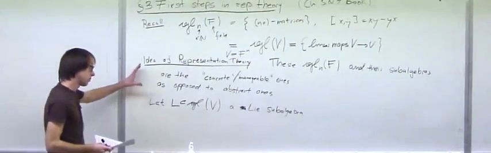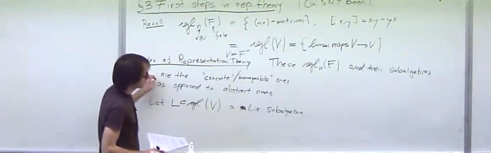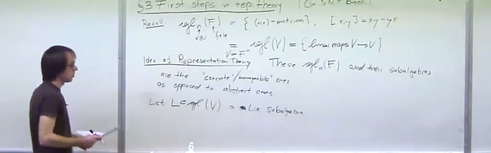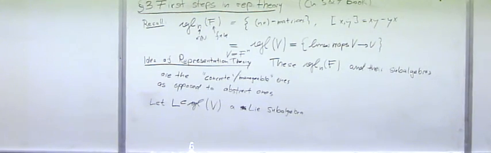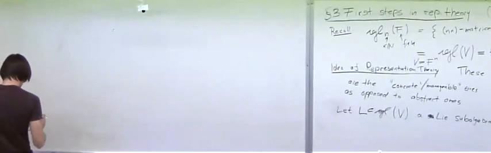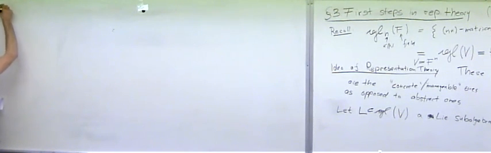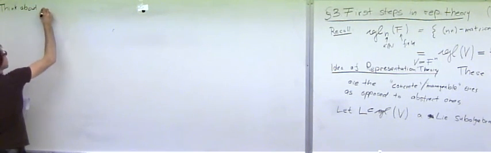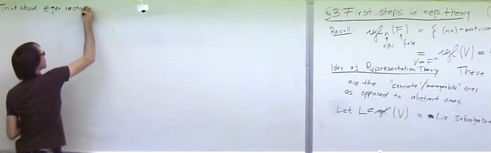One advantage of talking about these concrete matrix Lie algebras is that we have matrices, we have vectors in the vector space, so we can do linear algebra. And the most important linear algebra concept here is the concept of an eigenvector and eigenvalue. So first thing is to think about eigenvectors and eigenvalues.